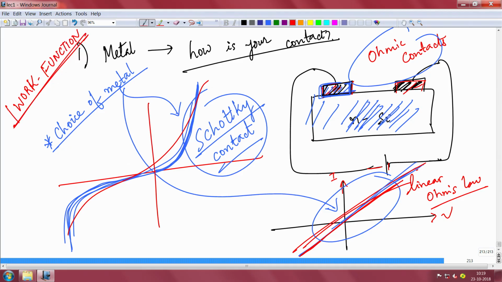For example, titanium has a work function of around 4 electron volts, which means if you apply an energy of 4 electron volts, you are able to knock off an electron from the titanium. Nickel has a work function of approximately 5.5. It's a large work function metal. You need to apply much larger energy to knock off an electron from nickel.